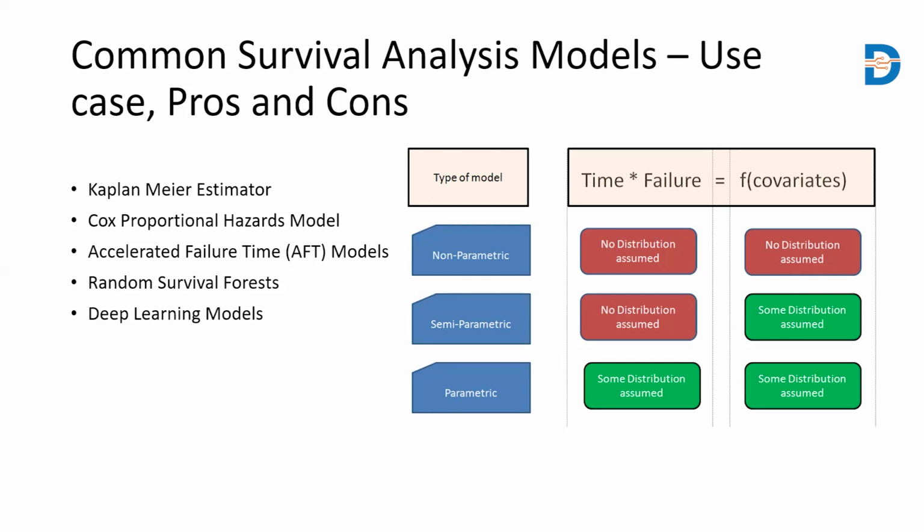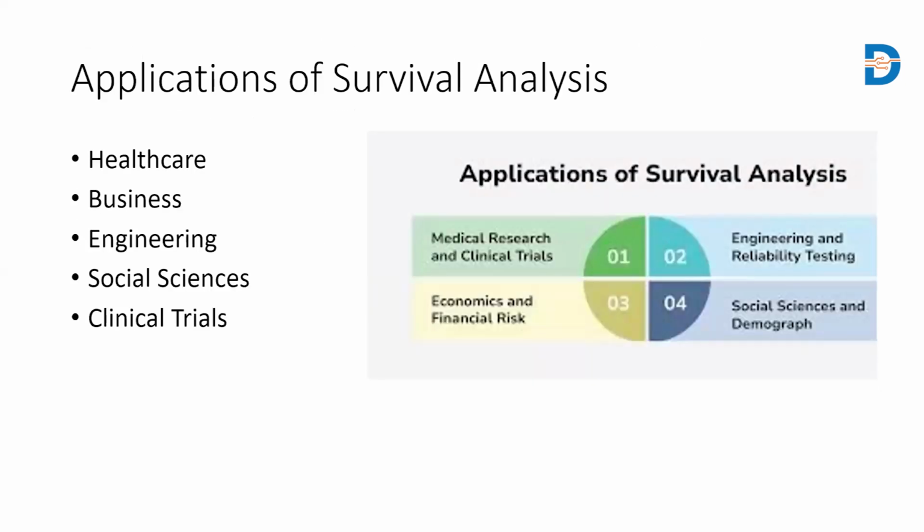Similarly, deep learning models also capture complex patterns in large data sets. They are highly flexible and predictive. But the downside is that it requires large data sets to train on, and the results are usually less interpretable. However, they serve as an efficient tool when your data is really complex.